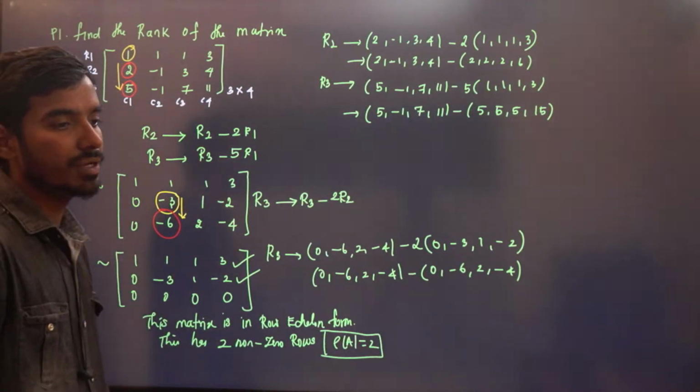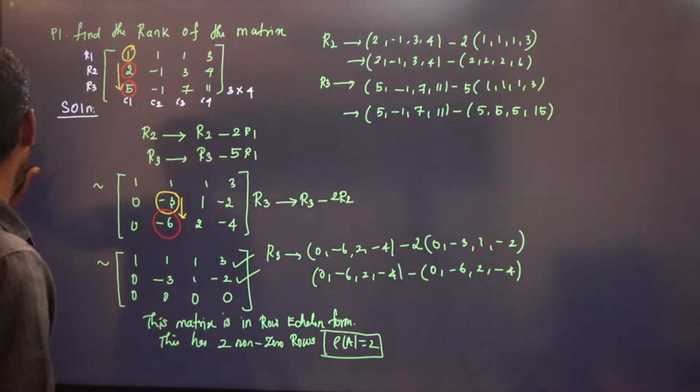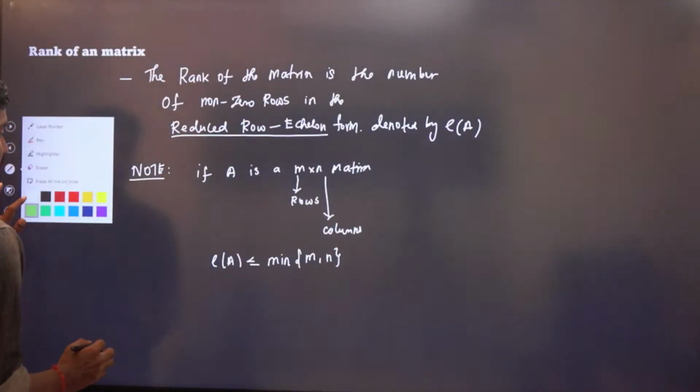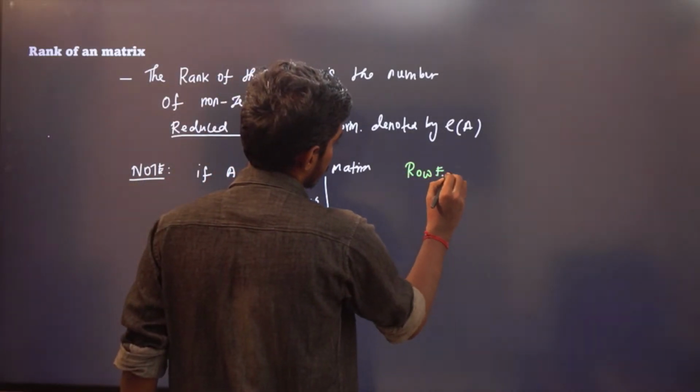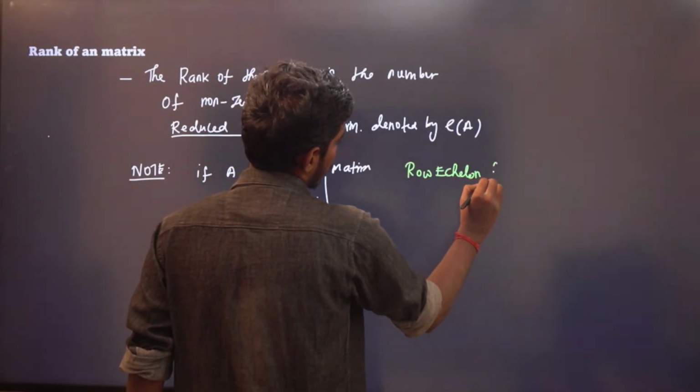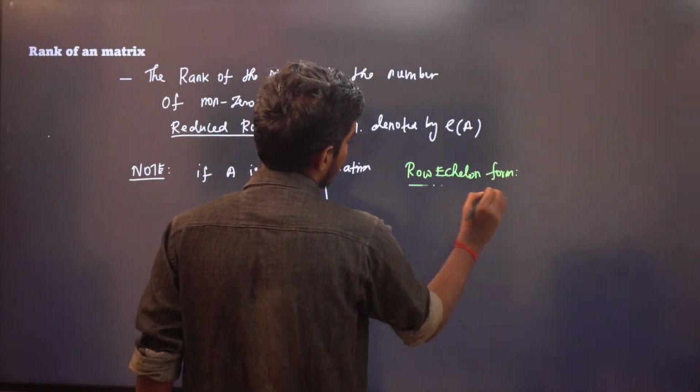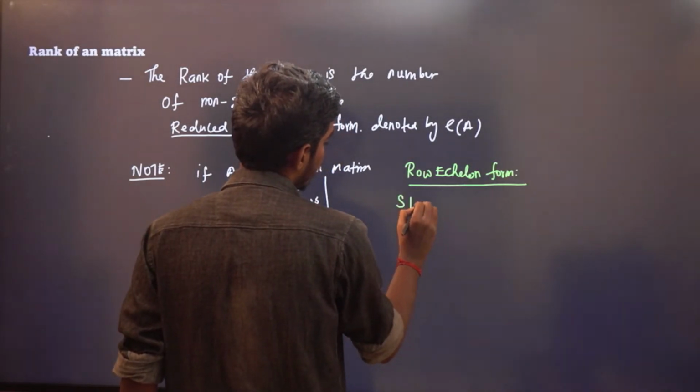Now we will write it down, right? When a matrix is said to be in row echelon form, what is step 1?